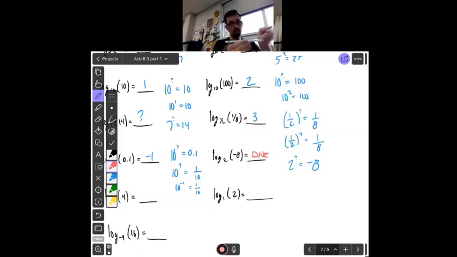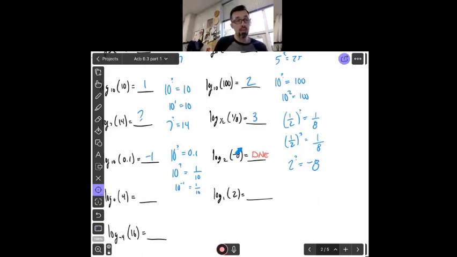It never went below the x-axis. It only went up. All of the values were always positive. Well, if all of my y values are always positive, when I inverse that, all of the x values that I'm allowed to use in a logarithm must be positive. I'm not allowed to take the log of a negative number.